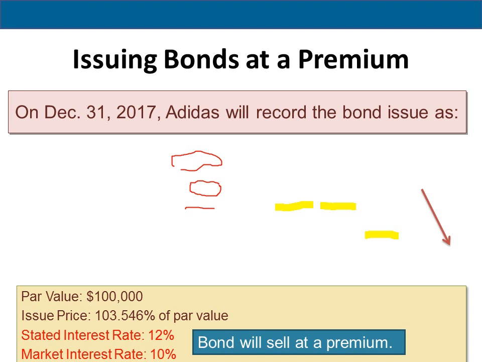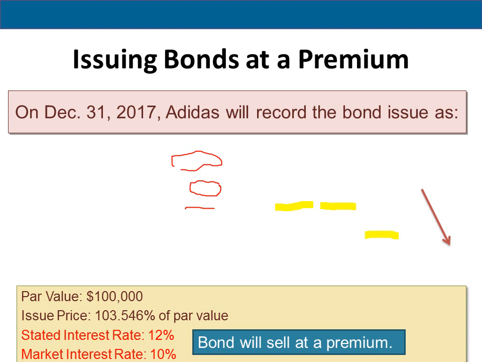So exactly here what will happen, those bonds will be sold in the market at a price which we call the issue price, equal to 103.546% of par value, which means more than the par value. It will be sold for a selling price, which we call the issue price, more than the par value.